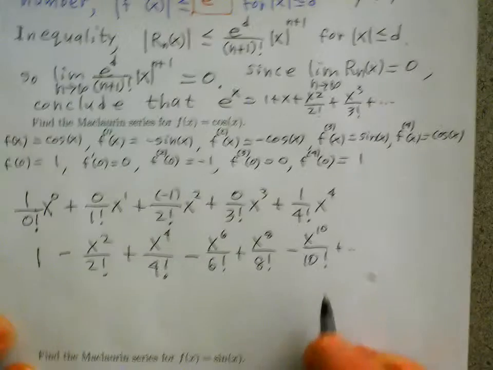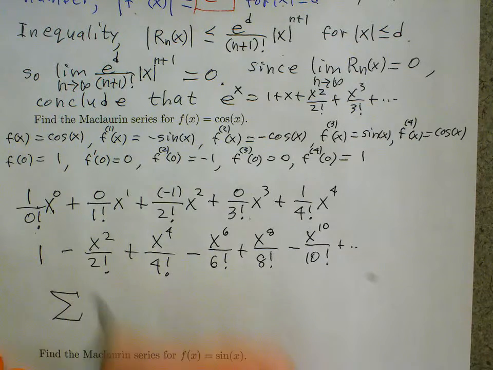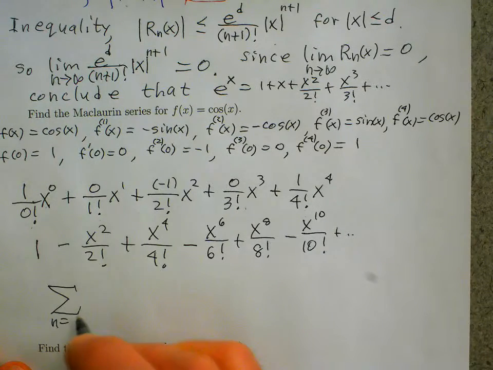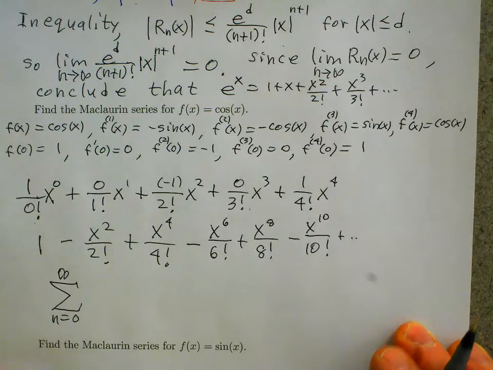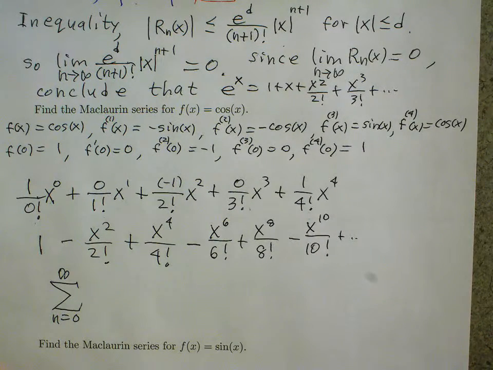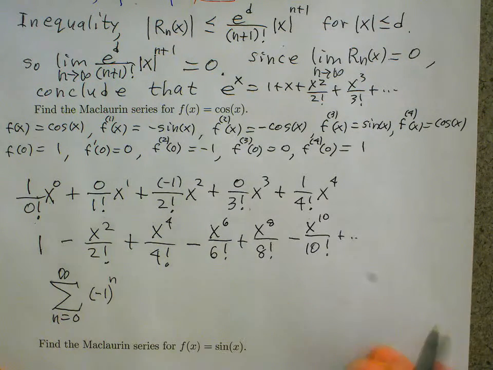So the sigma notation then, n equals 0 to infinity. So it's an alternating series. So -1 to the n.